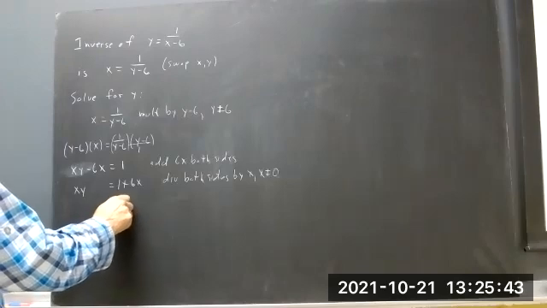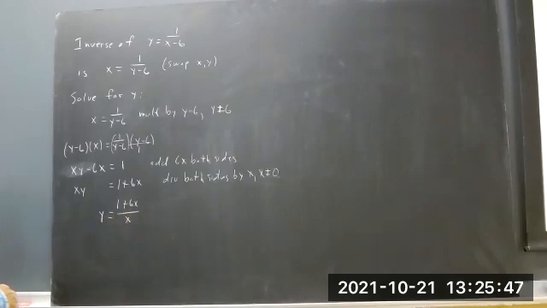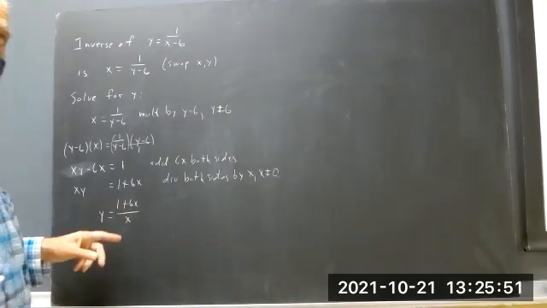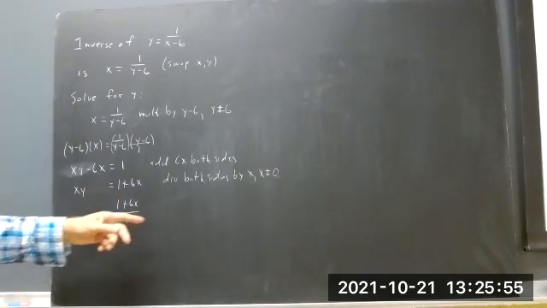We get y equals 1 plus 6x over x. Perfectly good rational function. We could write that as 1 over x plus 6.